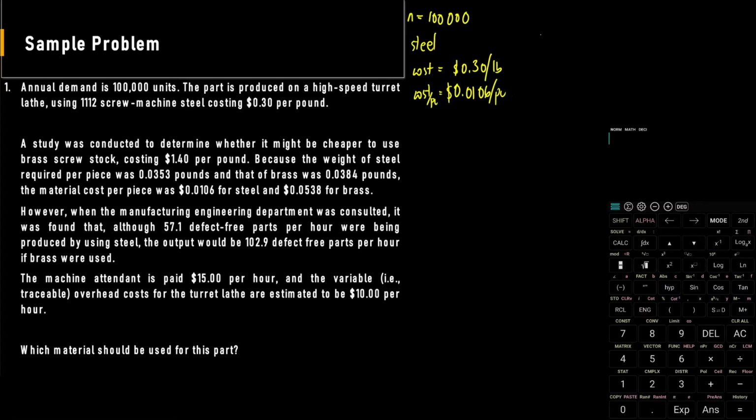Then sa brass, yung cost niya is $1.40 per pound. And then, yung cost per piece ng brass is 0.0538 per piece.